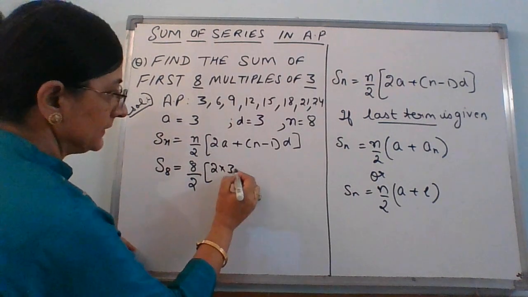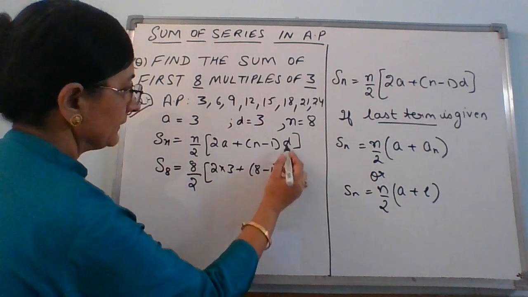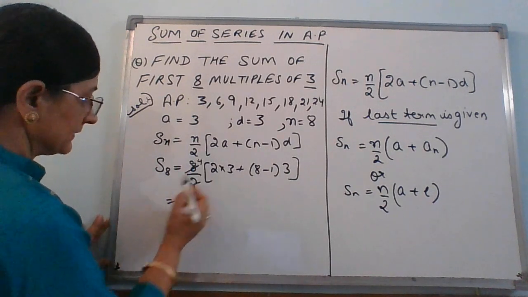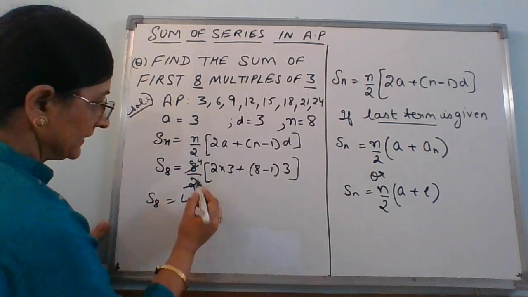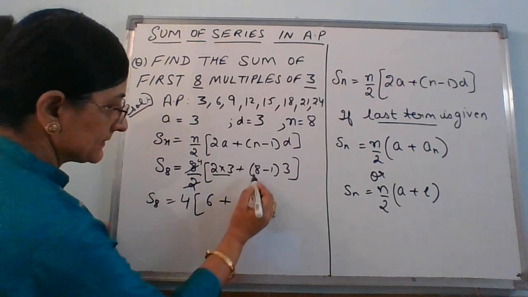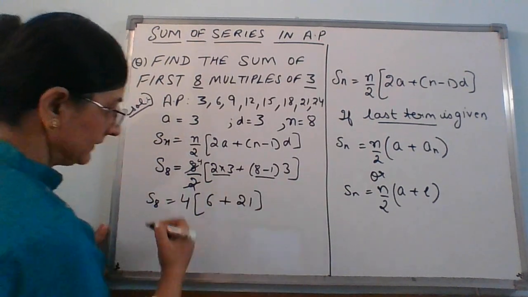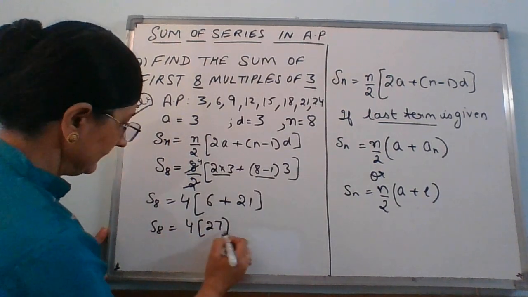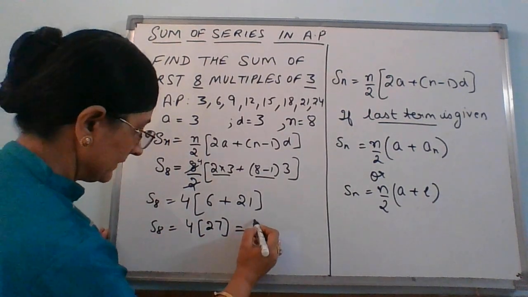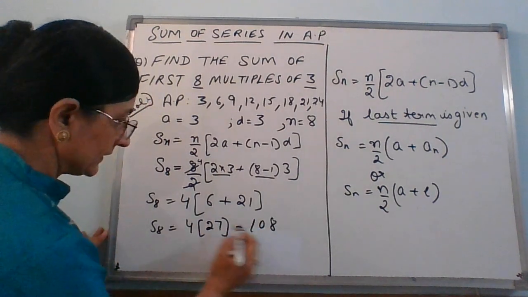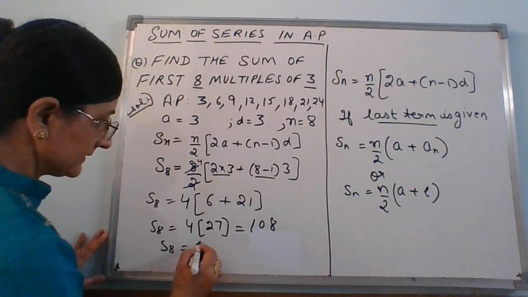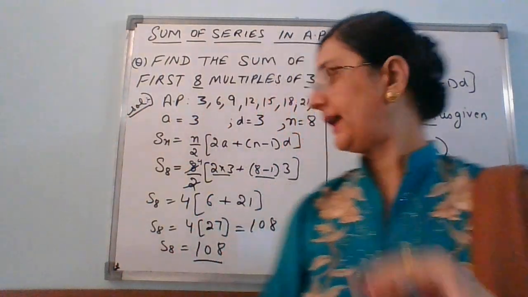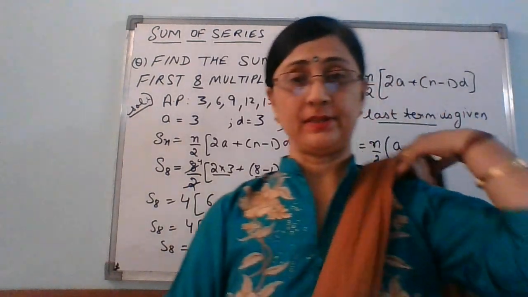S8 is equal to 8 by 2 into (2a, which is 2 times 3, plus 7 times d, which is 3). Cancel: this is 4. 2 3s are 6 plus 7 3s are 21, which is 27. 4 times 27 becomes 108. So the sum of the first 8 multiples of 3 is 108, right?